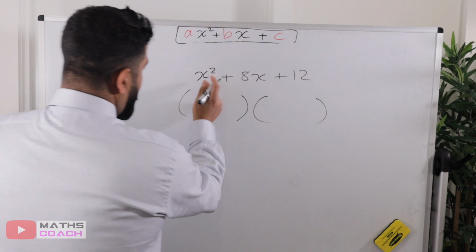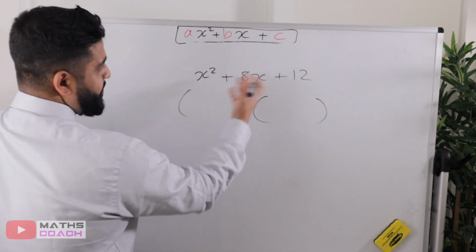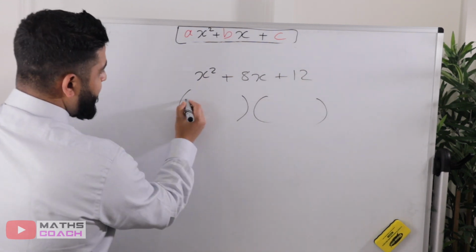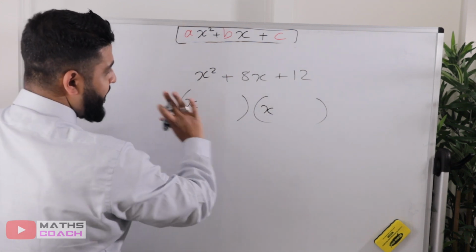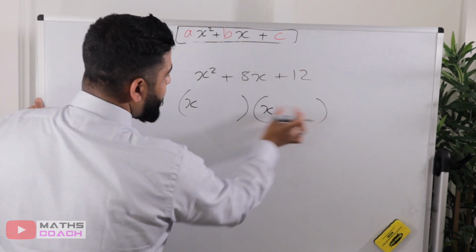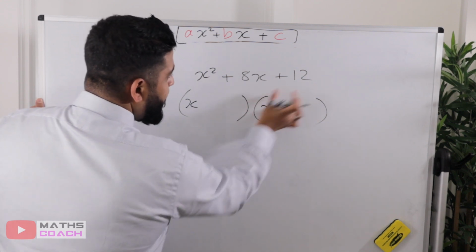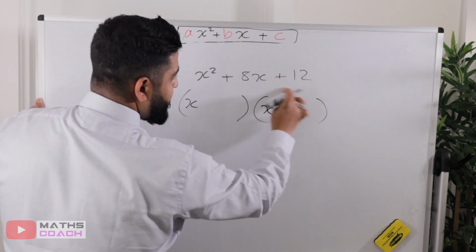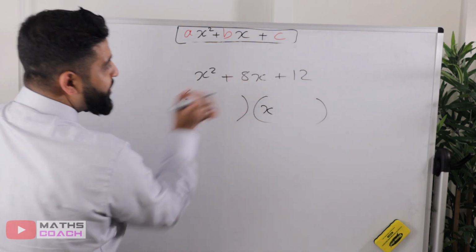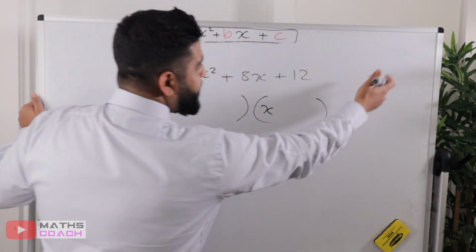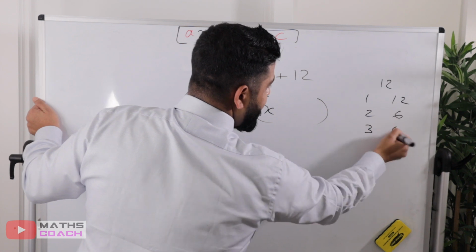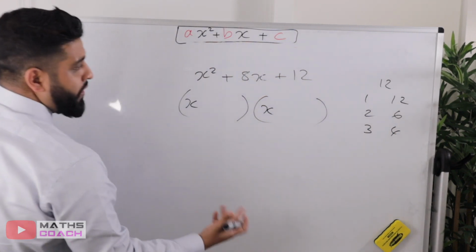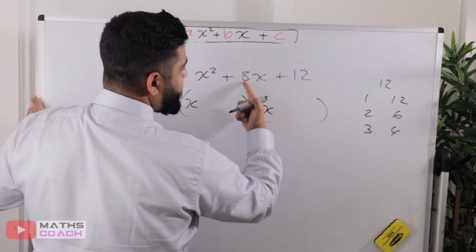So how it works is you have x squared plus 8x plus 12 here. You start off by writing the x's because you want x times x to give you that x squared. And next you're looking for two numbers that multiply to give you a plus 12 and add to give you 8. It might help you to have your 12, 1 and 12, 2 and 6, 3 and 4 written down here. Which of these combinations gives you 8?